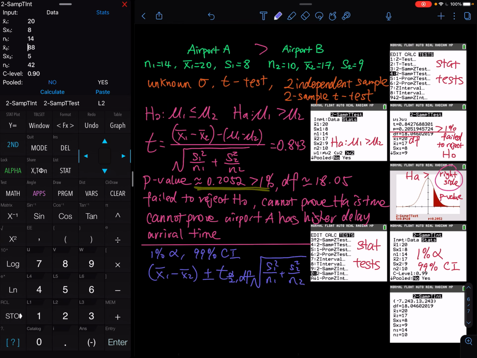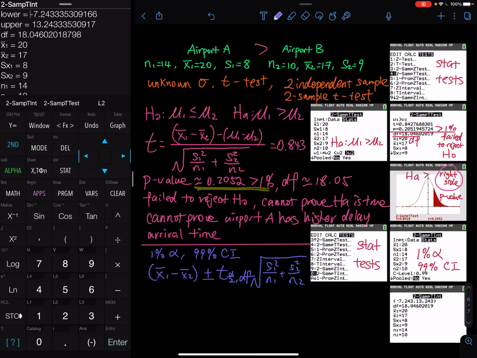Then x2 bar is 17, S2 is 9, and N2 is 10. Then 0.99. Once everything is done, hit calculate.